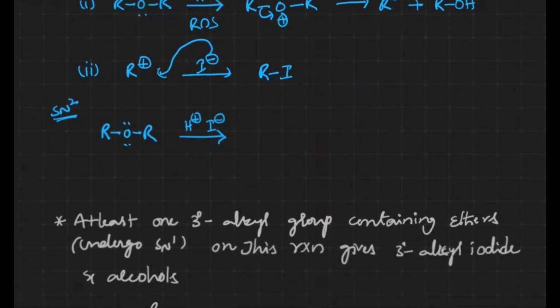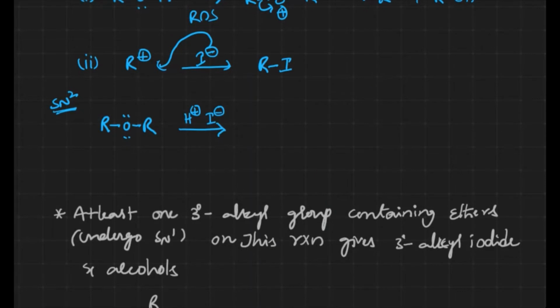Let us see how the SN2 mechanism takes place. The oxygen lone pair attacks the proton, and the negatively charged iodine attacks the alkyl group from the back side. Then what happens? Formation of the transition state takes place here.